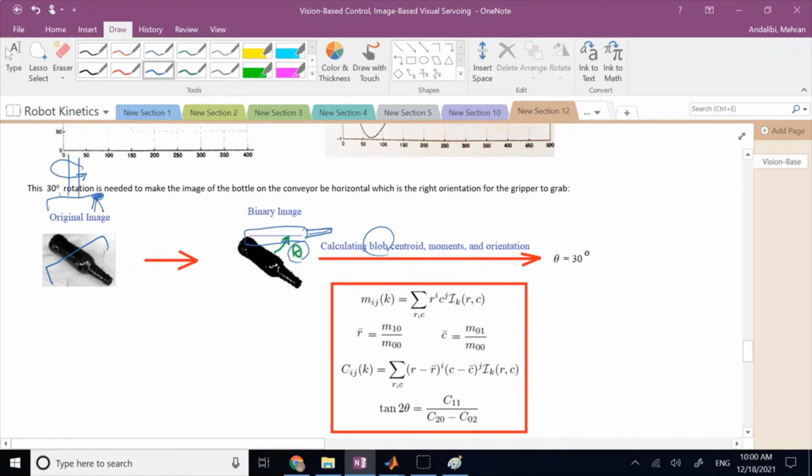Okay, so it has contrast with respect to the background of the image. And that blob, you can determine the location of the centroid of it, the moments of inertia of it, and then what? The orientation of it.